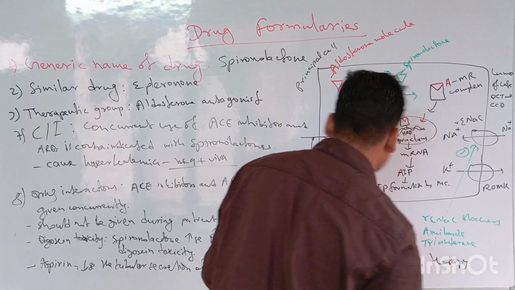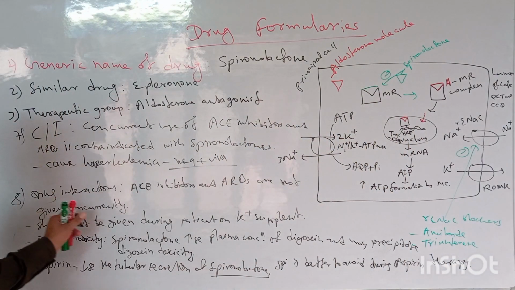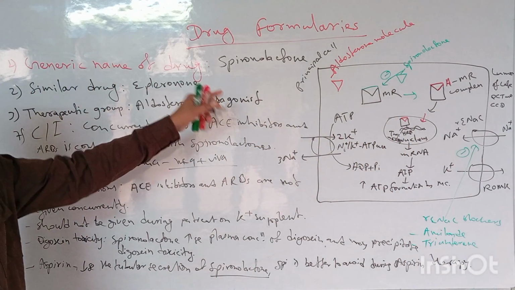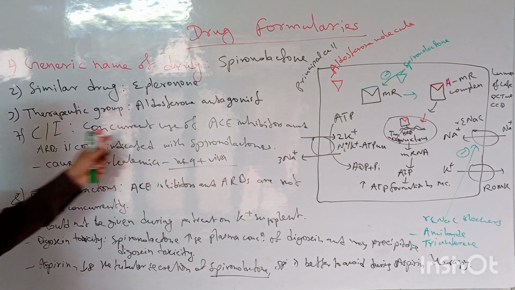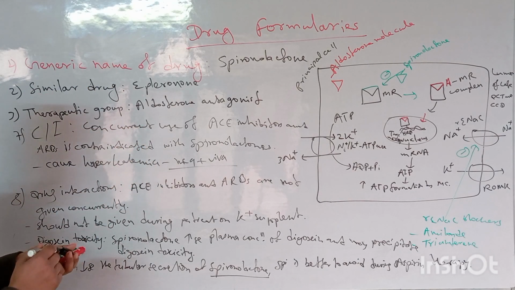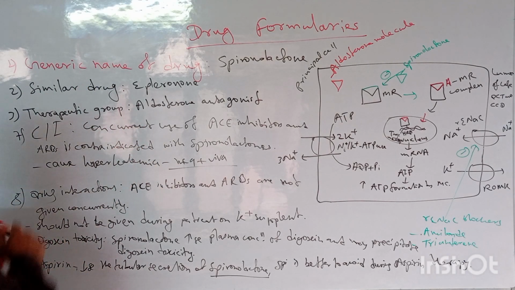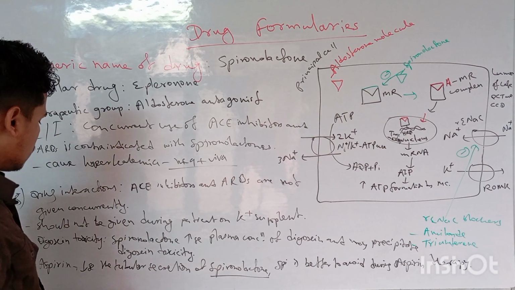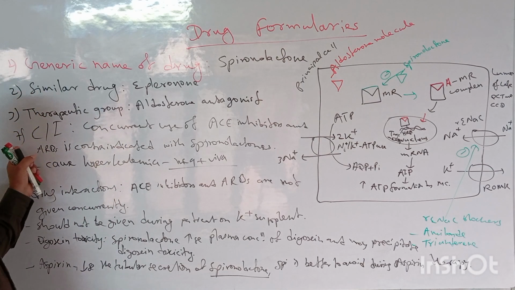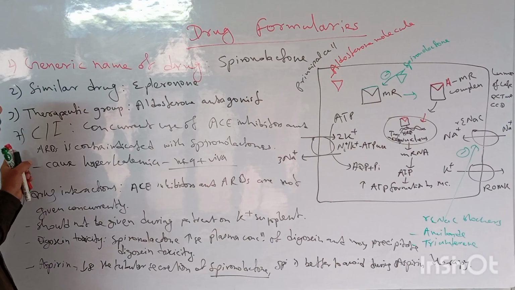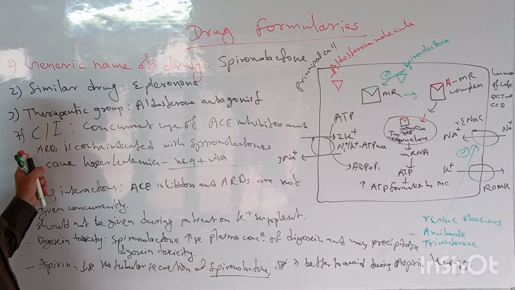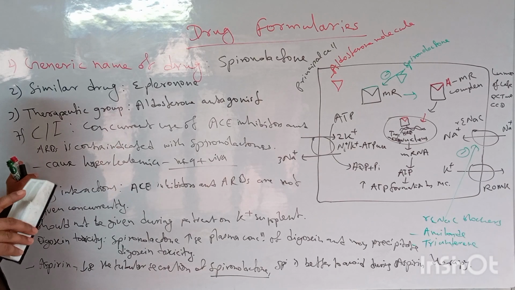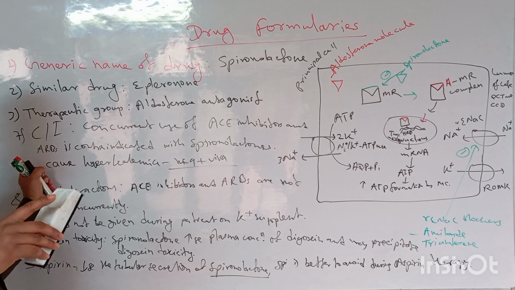So these are the drug interactions of spironolactone, and remember the contraindication. This is a very important point for the MCQ and Viva. And now, in case of contraindication, if there is any precaution for any drug, you can also add the precautions here.